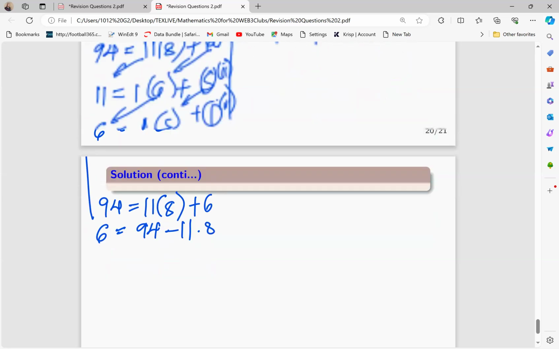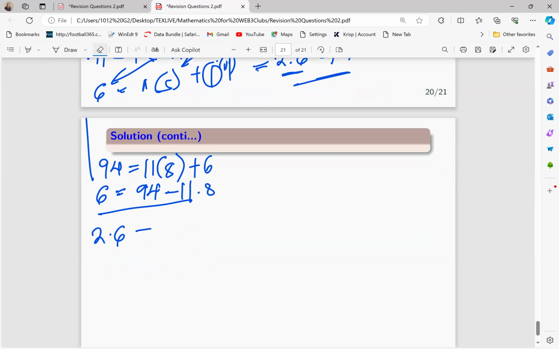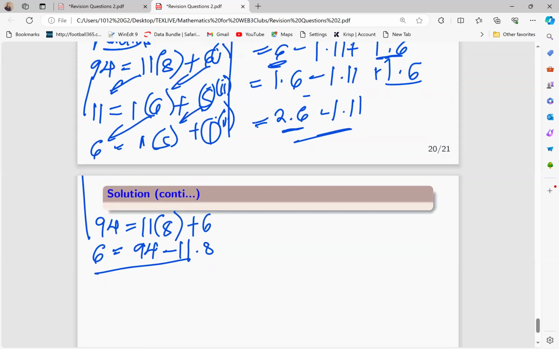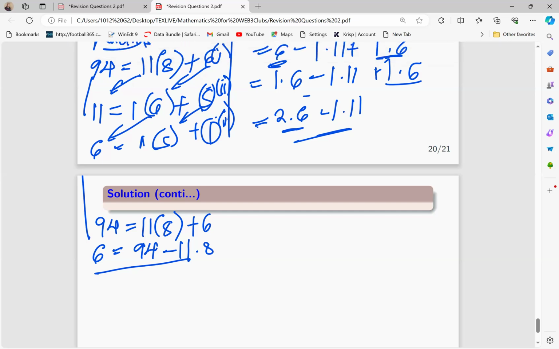So the equation was 2 times 6 minus 1 times 11. Let's write the proper equation now. This is 1 times 11. So it becomes 2, so this one is equals to 1, I guess. I'm not so sure this one is equals to 1.